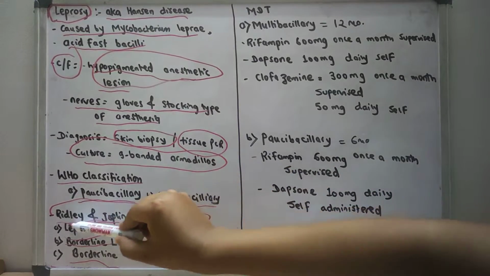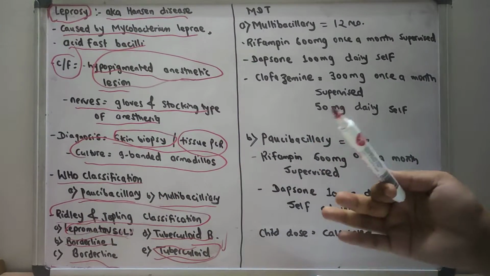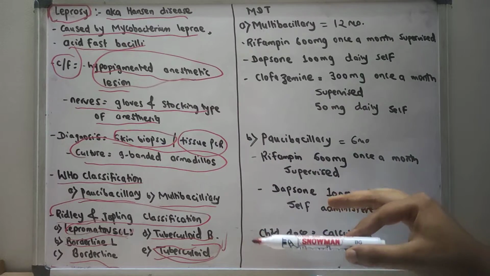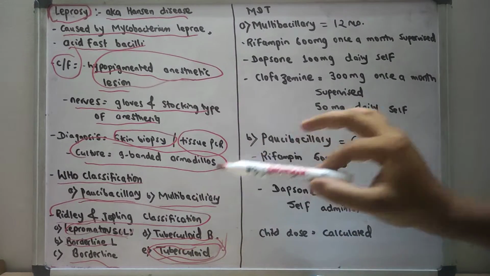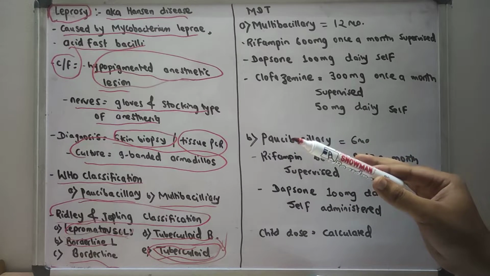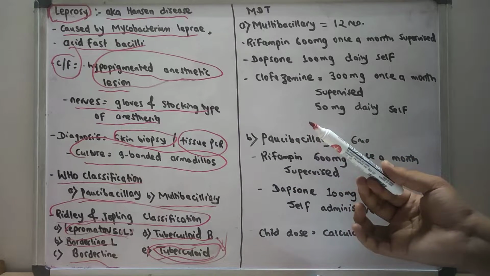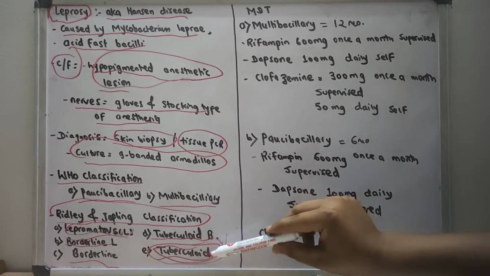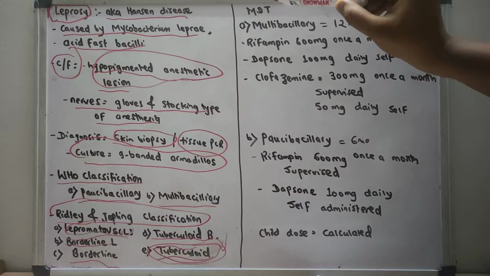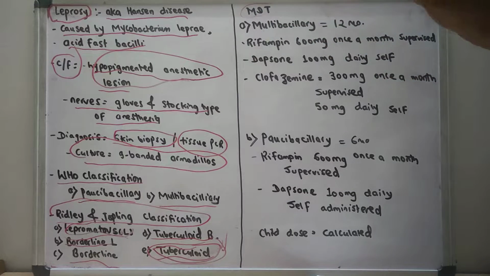One is lepromatous leprosy, which is highly infectious and the person has low cell-mediated immunity, and the other is tuberculoid leprosy, which has few hypoesthetic lesions and is characterized by high cell-mediated immunity with low bacterial load. So now let us move towards the multi-drug therapy of leprosy.